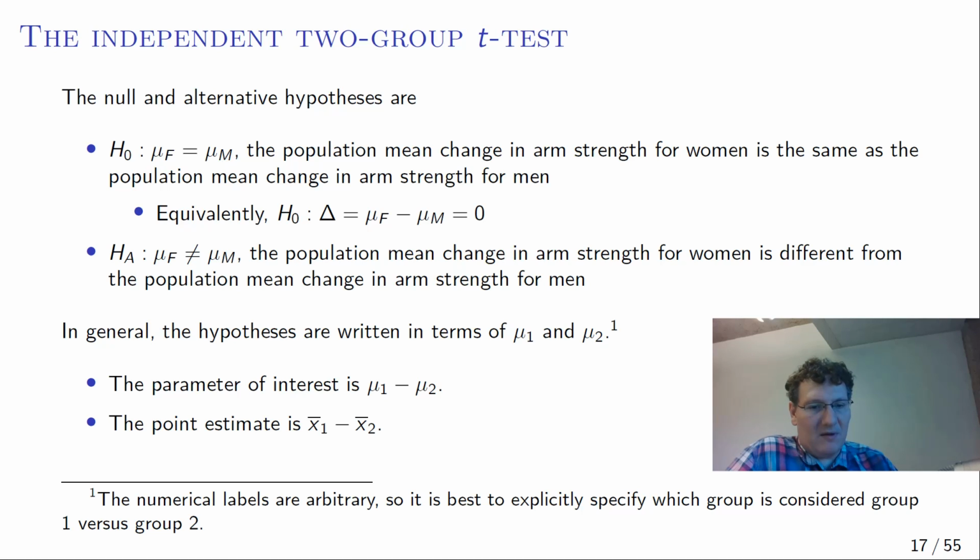And the point estimate for the difference in means is the difference of the sample means, x bar 1 minus x bar 2. And it's always really important to be clear about what group 1 is and what group 2 is when you're doing these, because you don't want to mix those up.